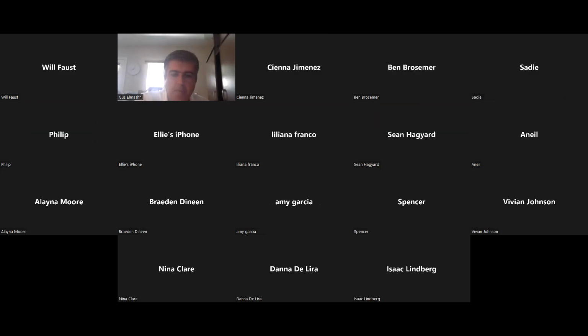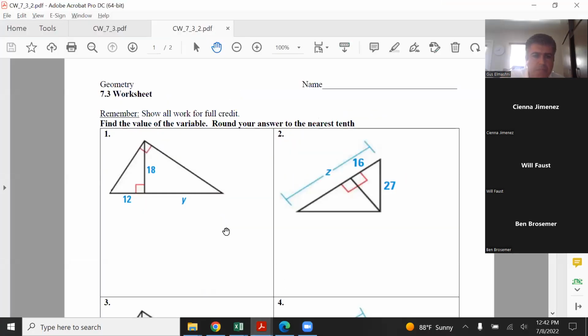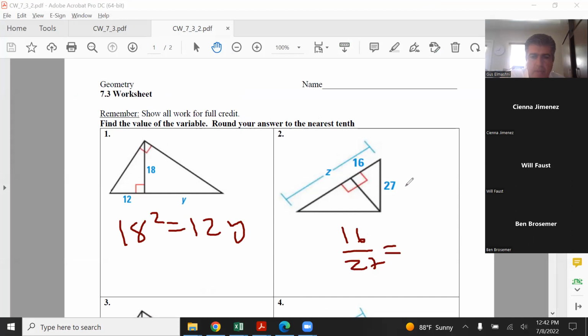Share screen. Okay. So in this case here, you're going to just say 18 squared equals 12 times y. Where here, you could say 16 over 27 equals 27 over z.